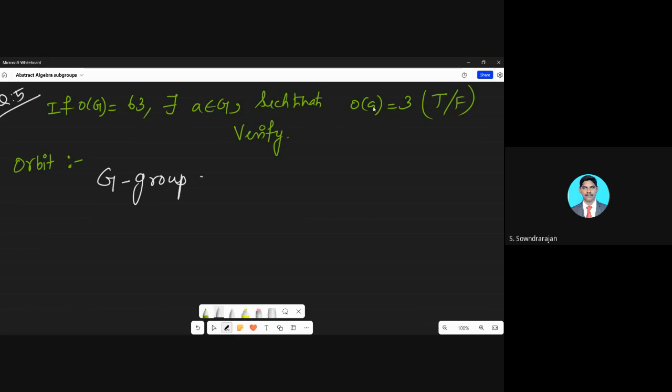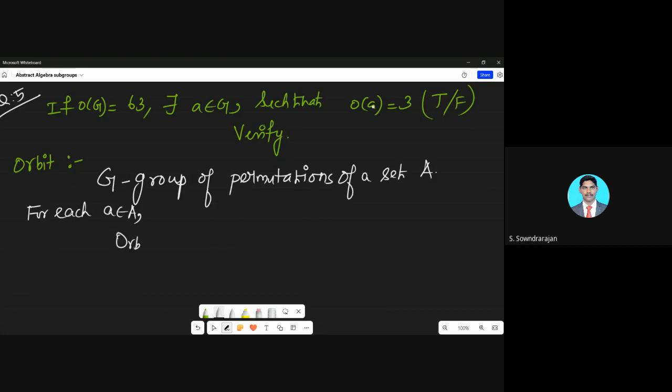Let G be a group of permutations of a set A. For each a belongs to A, the orbit of a under the group is nothing but the collection of all sigma of a such that sigma belongs to G. This is the orbit of an element a under the group G. Right?